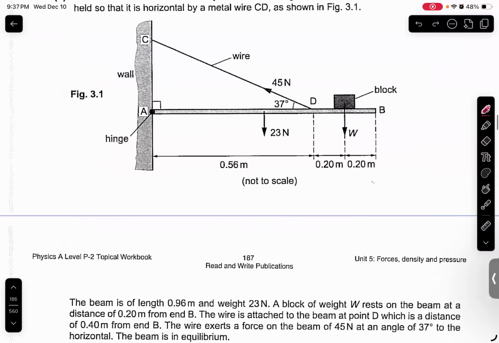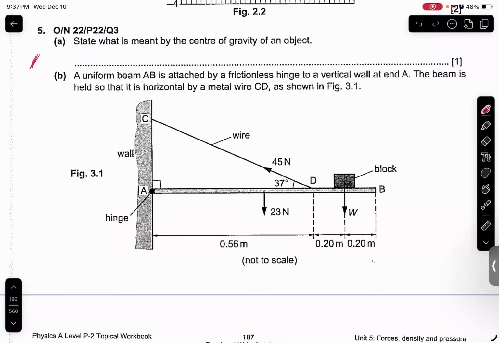A uniform beam AB is attached by a frictionless hinge to a vertical wall at end A. The beam is held so that it is horizontal by metal wire CD.